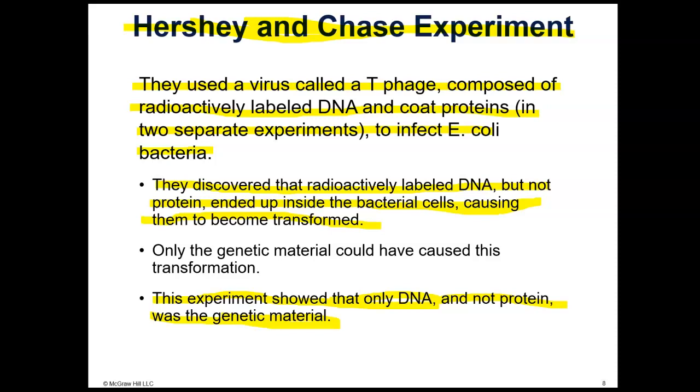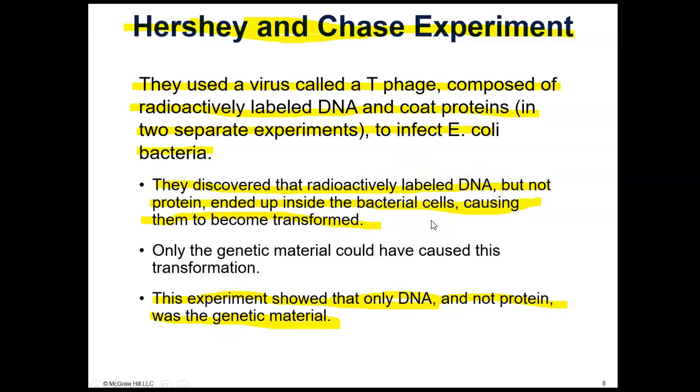So what they did is they radioactively labeled the DNA, but not the protein, and mixed it all together with bacterial cells and found out that the radioactively labeled DNA entered the bacterial cells.